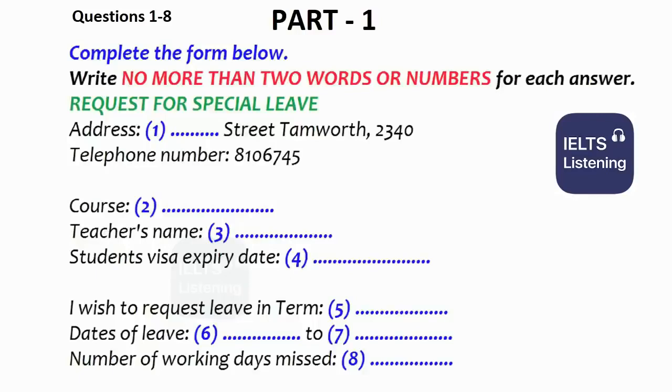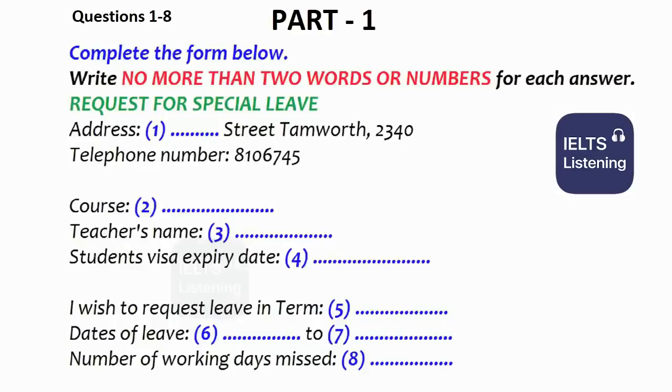When does your student visa expire? Let me look. July 15. July 15. Okay. Which term do you want to take leave? Do you want dates? First, I have to write a term number. When do you want to take leave? In term 1. Okay, term 1.